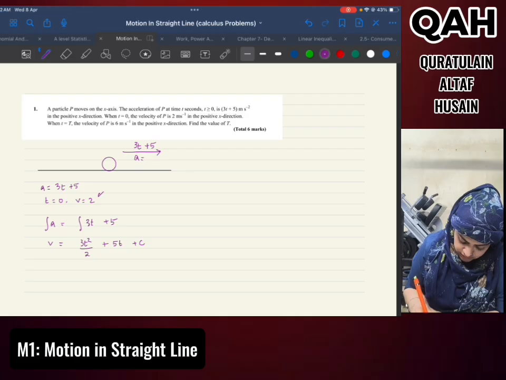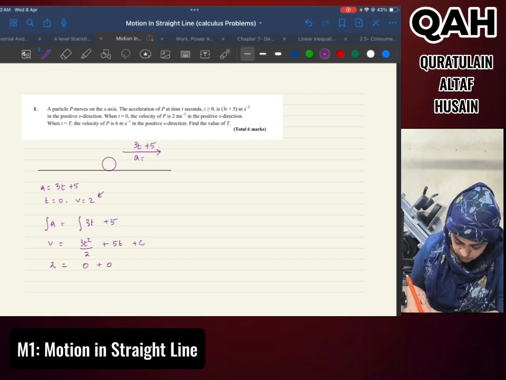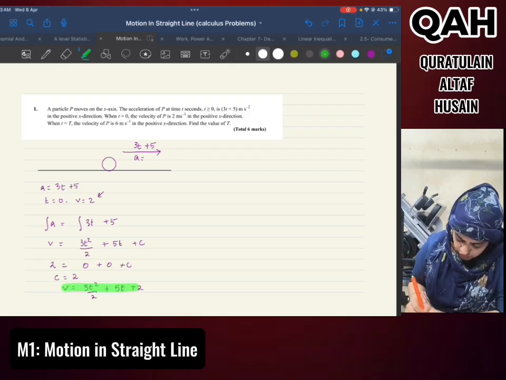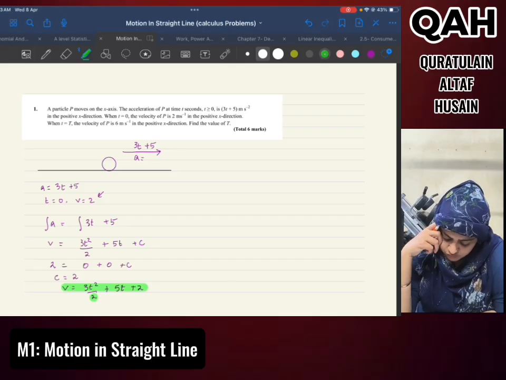Now using this condition, v is equal to 2 and t is equal to 0: 3 multiplied by 0 is 0, plus 5 multiplied by 0 is 0, plus c. So c is equal to 2. Velocity is equal to 3t squared upon 2 plus 5t plus 2. This is the equation of velocity that we are looking for.